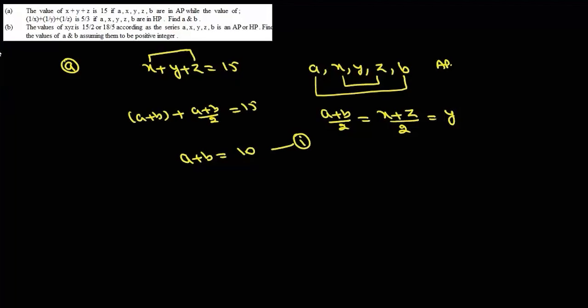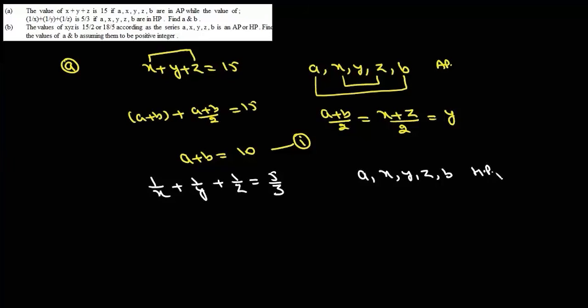Now in the second part it says if 1 by x plus 1 by y plus 1 by z equals 5 by 3, and if A, x, y, z and B are in HP, find the value of A and B. Now if they are in HP, then 1 upon A, 1 upon x, 1 upon y, 1 upon z and 1 upon B are in AP.